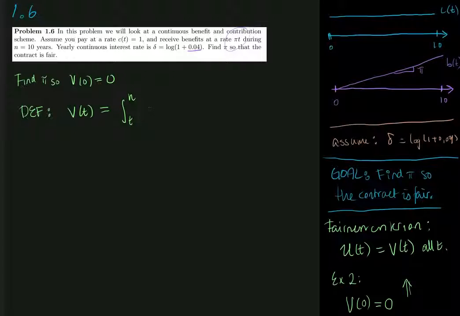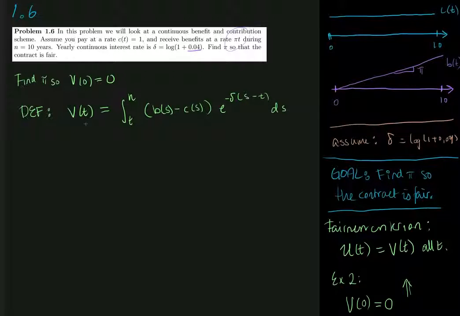And what we do with them, well, we look at the future net benefits at all time points from t to n, and then we say we will discount them back to time t, and then we will take all of those payments, all of those infinitesimally small payments that are given by payment rates, and we will sum them all together. So this is how we find v of t.